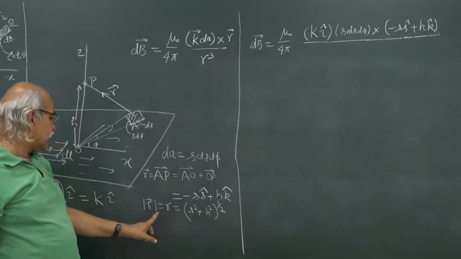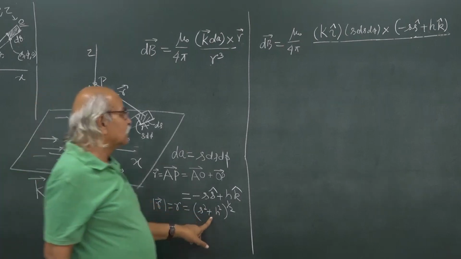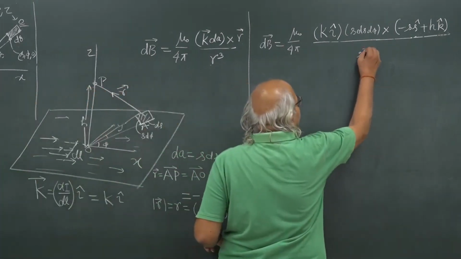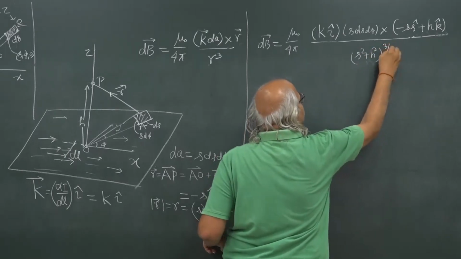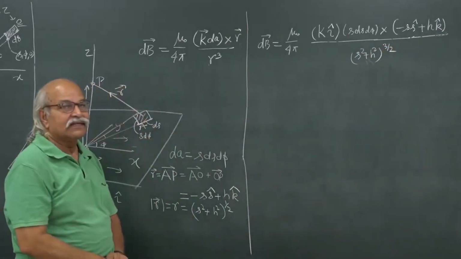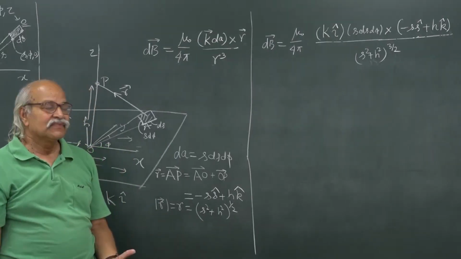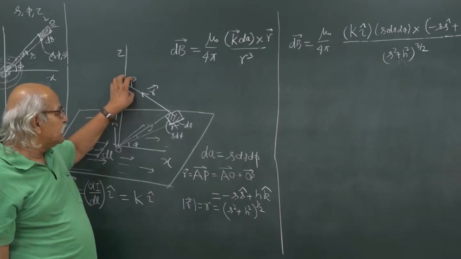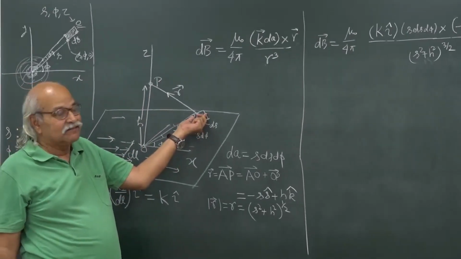The magnitude r is here, cube of that, so s square plus h square to the power 3 by 2. That is the expression for dB, the magnetic field at point P, because of this small element on the xy plane.